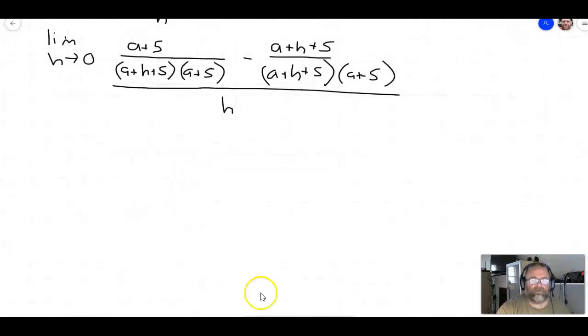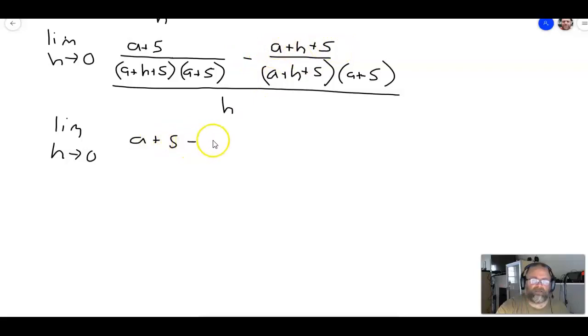All right, now that we have a common denominator here, let me go ahead and give myself a little bit more room. I can combine those, so this is going to be the limit as h approaches 0 of, and on the top here I'm going to get a plus 5, and then remember I have to distribute that negative sign among all those.